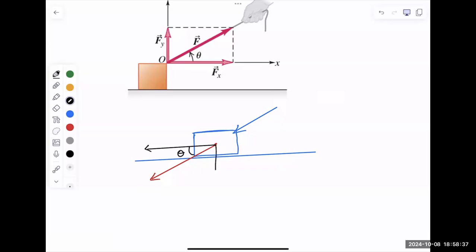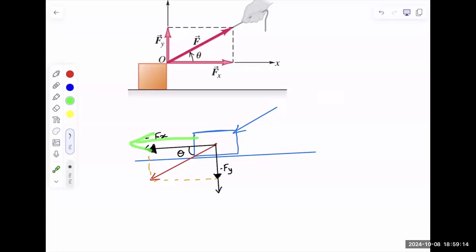And then the y component of force in these conditions is acting vertically downward. So this is my x component of the force, and this is my y component of the force, right? So now this Fy is acting along the negative y direction, right? I'm pushing this object in these directions according to this diagram.